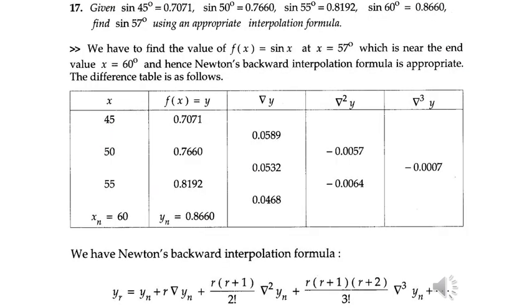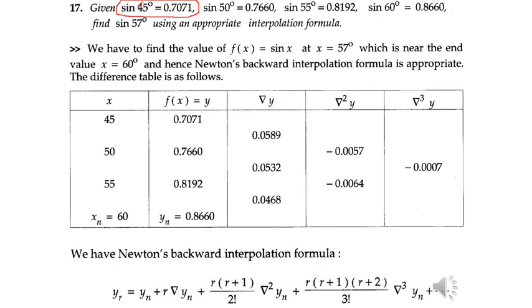Let's see one more problem. So in this problem, the function is the sine function. Sine of 45 degree is 0.7071, and all they have given. In this given data, what are the values of x, and what are the values of y?